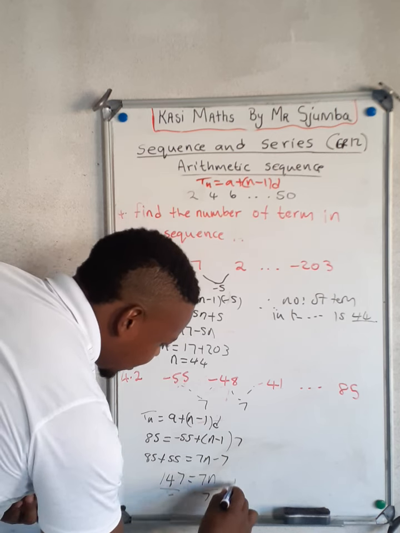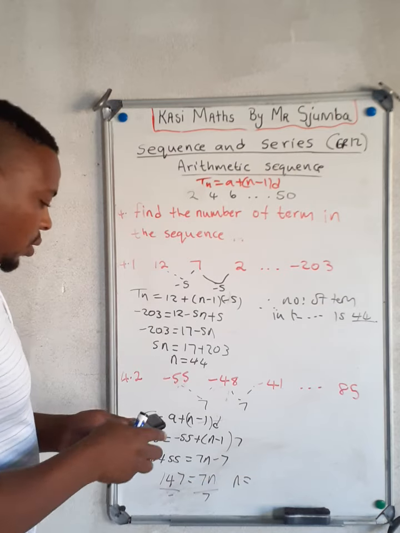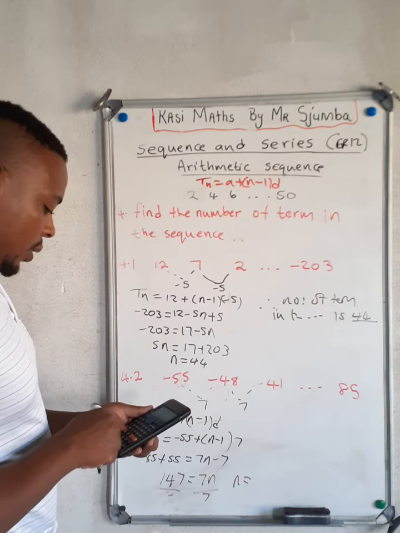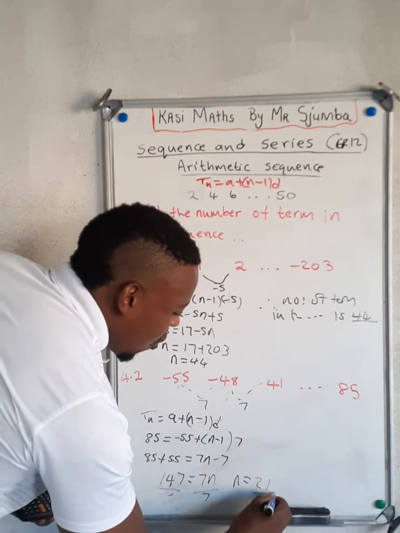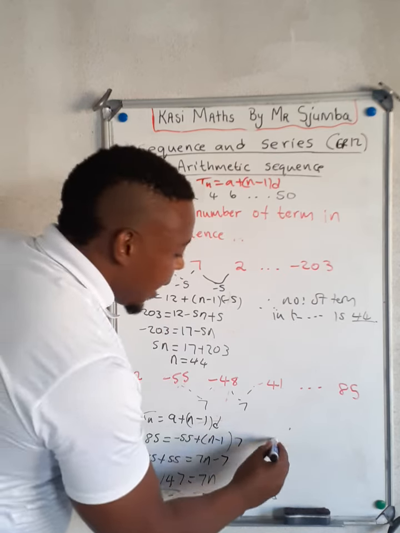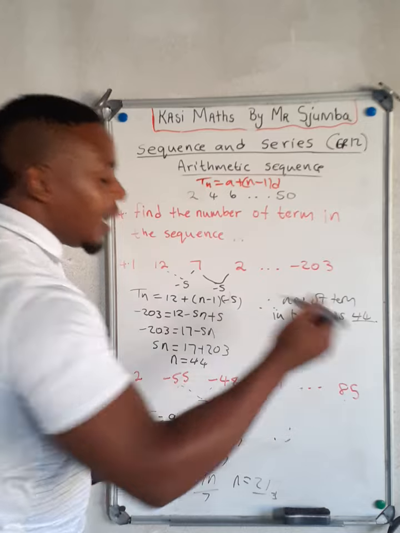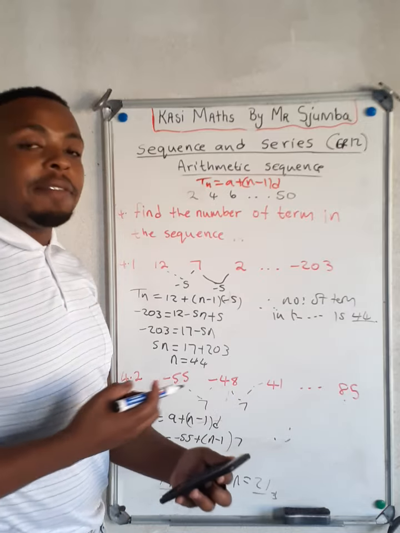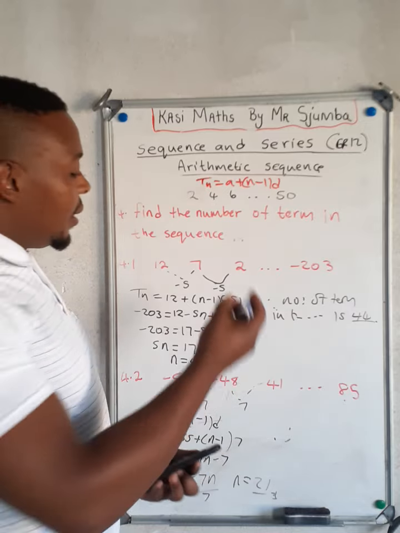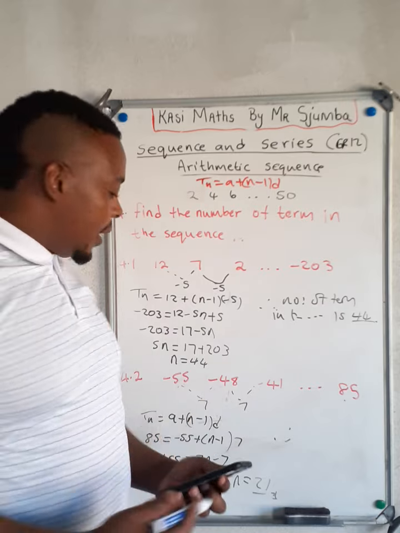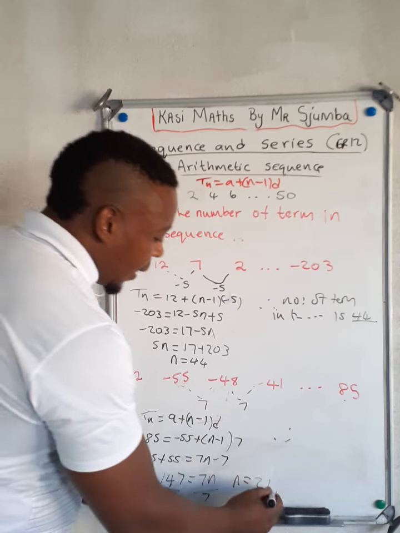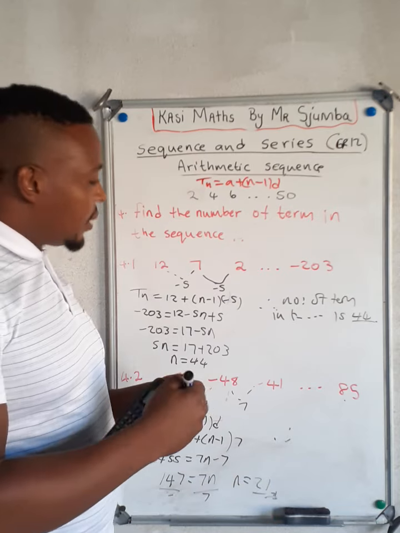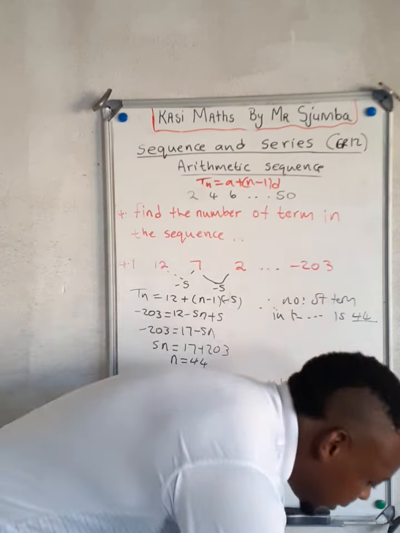Divide by 7 on both sides. n is equal to 147 divided by 7. n is equal to 21. So therefore, since the position of 85 is 21 and 85 is our last term, it means that the number of terms in the sequence is 21. So we are done.